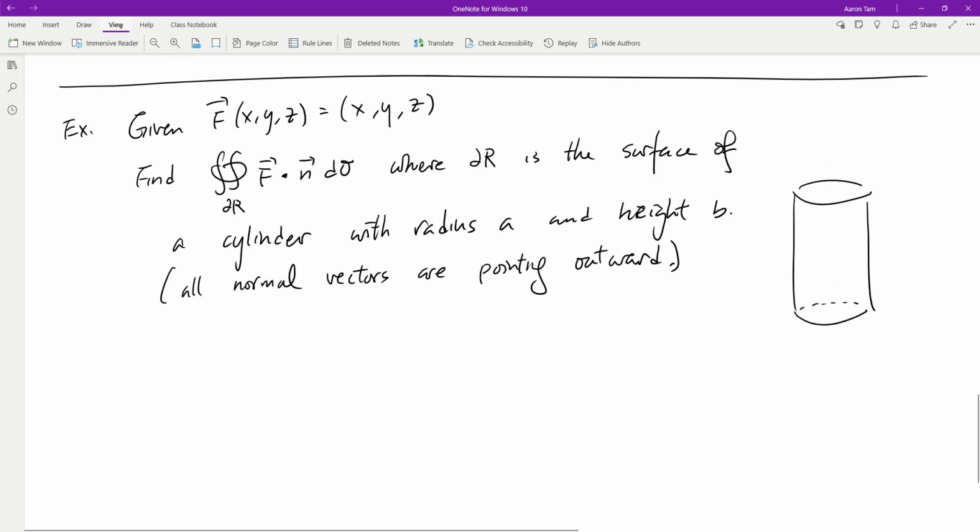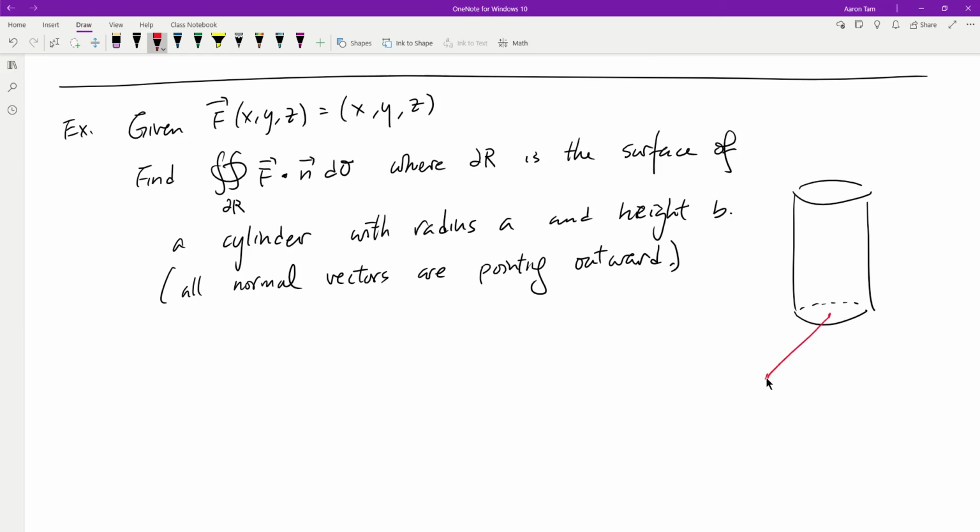I think the center of the bottom is on the origin, so the bottom is x squared plus y squared equals a squared with z equal to 0, and then the top is x squared plus y squared equals a squared, but z is equal to b. And then we have the lateral surface.